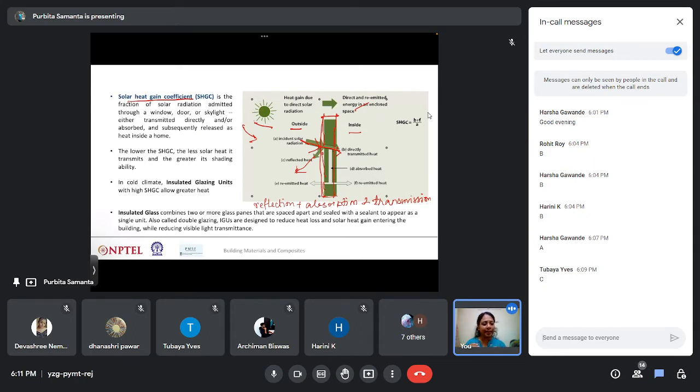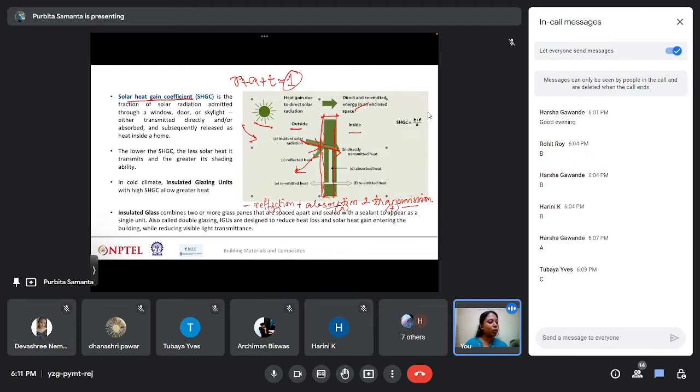Depending upon that, the reflectance value, the absorbance value, and the transmission value are all different. But if we represent them with R, A and T, we know that R plus A plus T is equal to 1.